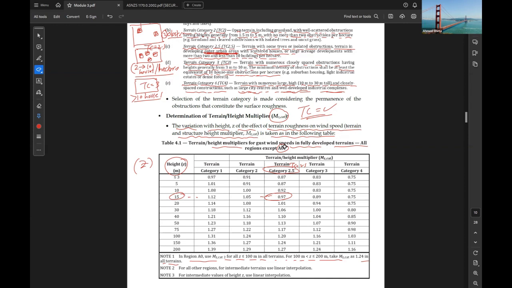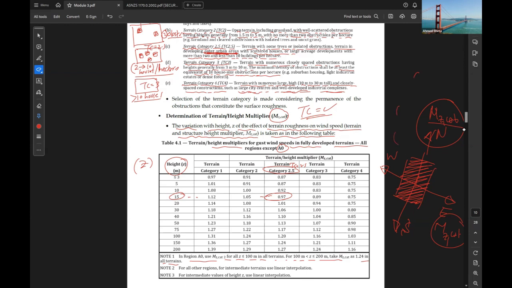Okay, so for the design we might also have more than one terrain category. For example, if you have this building, you have orthogonal north, east, south, and west. So you might have MZCAT for the north direction different from MZCAT for the east direction, and so on. Depending on the wind direction, you can define how much is the MZCAT.